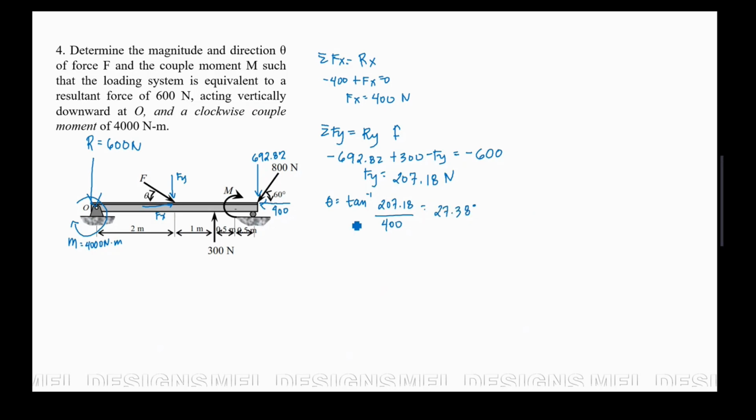Okay. And then, we are also looking for force F. Therefore, our force F is just equal to the square root of Fx squared plus Fy squared. So that is equal to the square root of 400 squared plus 207.18 squared.